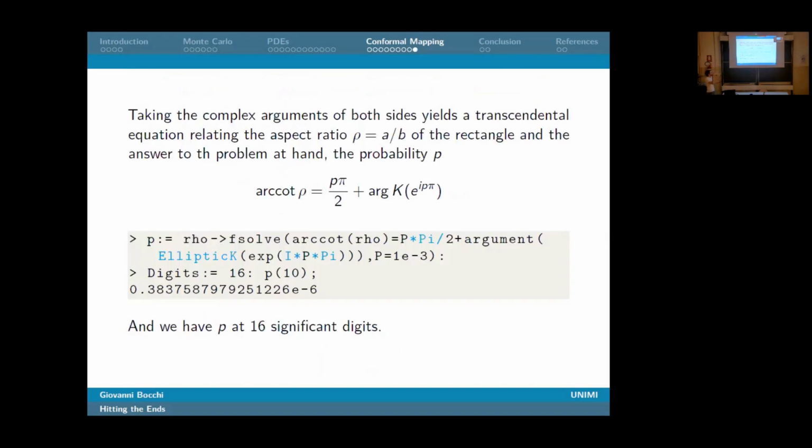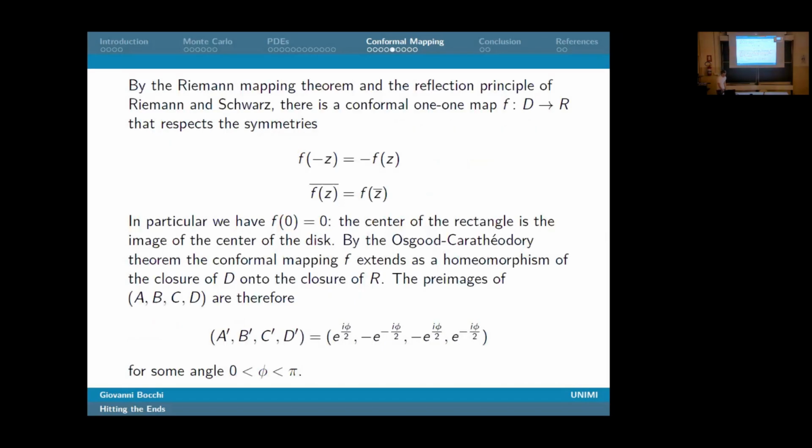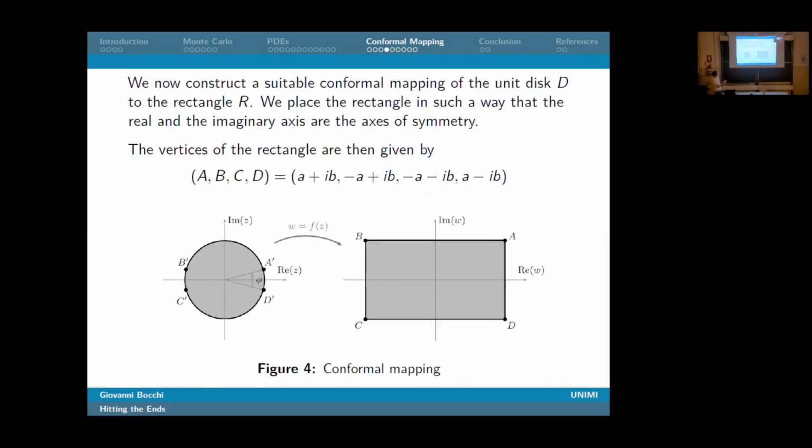But to obtain an estimate of p, it is actually not required to compute K analytically, because we can take the complex arguments of both sides, because we had that f of A prime, here I didn't write it, was A, and A was exactly A plus iB.